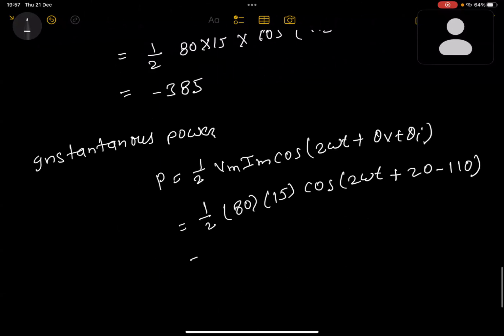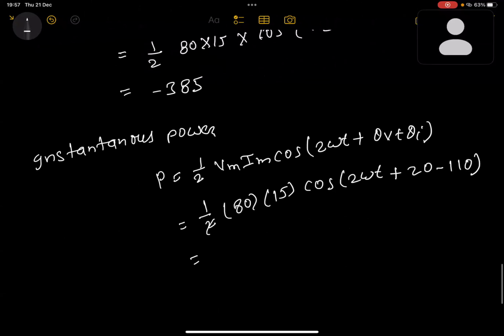This will become 600 cos(2 omega t minus 90 degrees). This is your instantaneous power. This is your average power and instantaneous power.